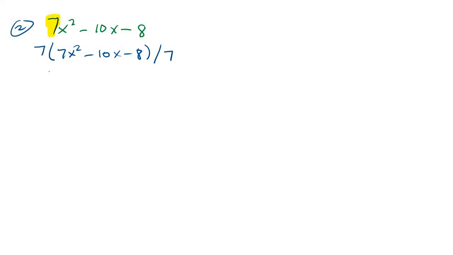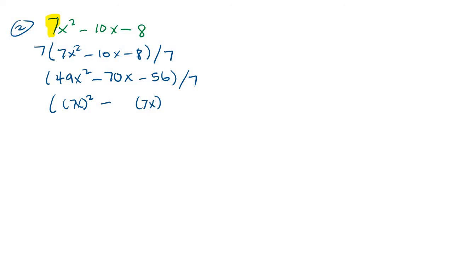So this will look like 49x squared minus 70x minus 56, all divided by 7. So now I can change it to quadratic form, so it will look like this: (7x) squared, that's how I get 49x squared, minus 10 times 7x to get 70, and then minus 56, all of these divided by 7.